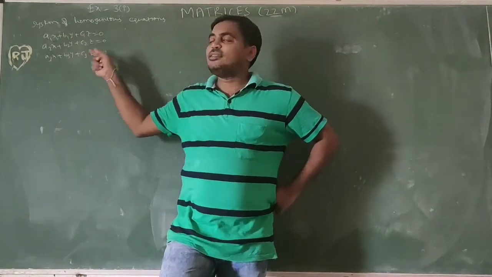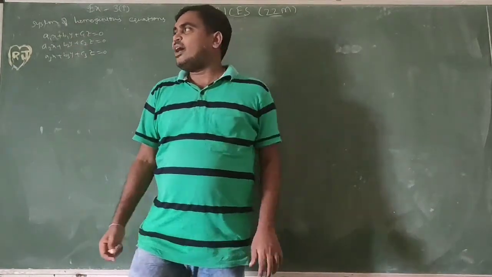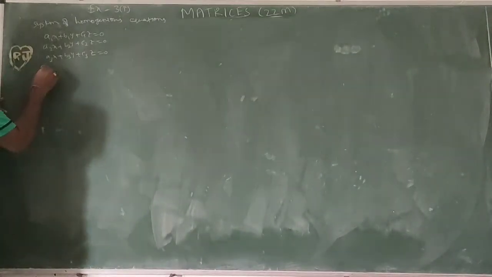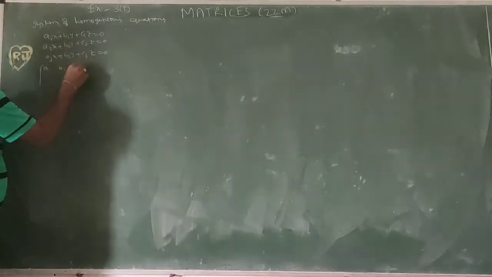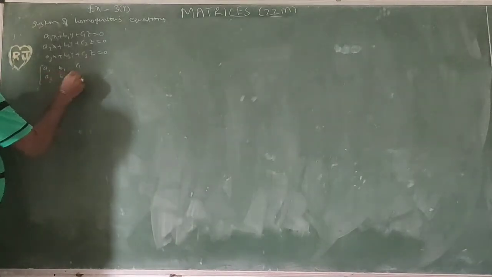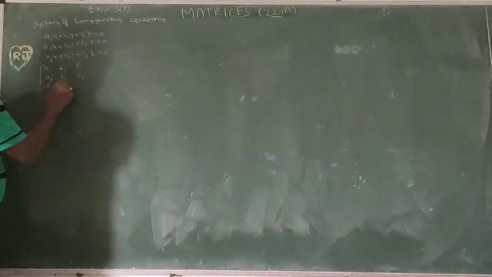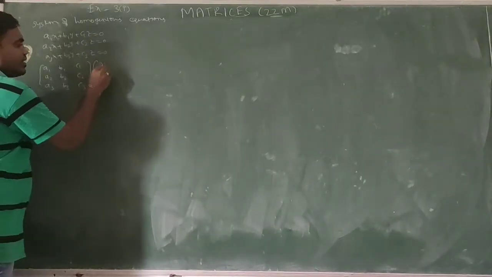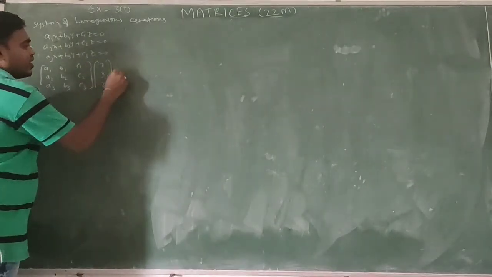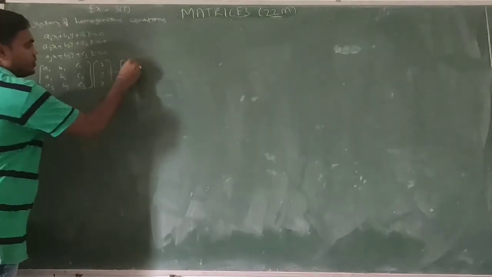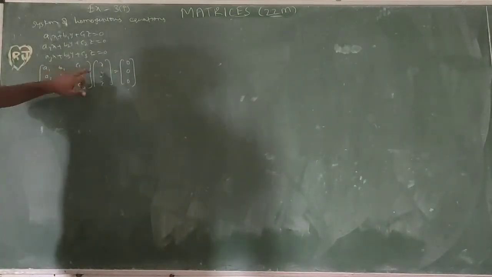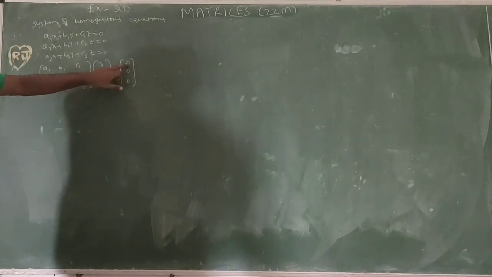This is a homogeneous system. I want to write this in matrix form: a1 b1 c1, a2 b2 c2, a3 b3 c3 into x y z equal to 0 0 0. If we do the product, a1 into x plus b1 into y plus c1 into z equal to 0.